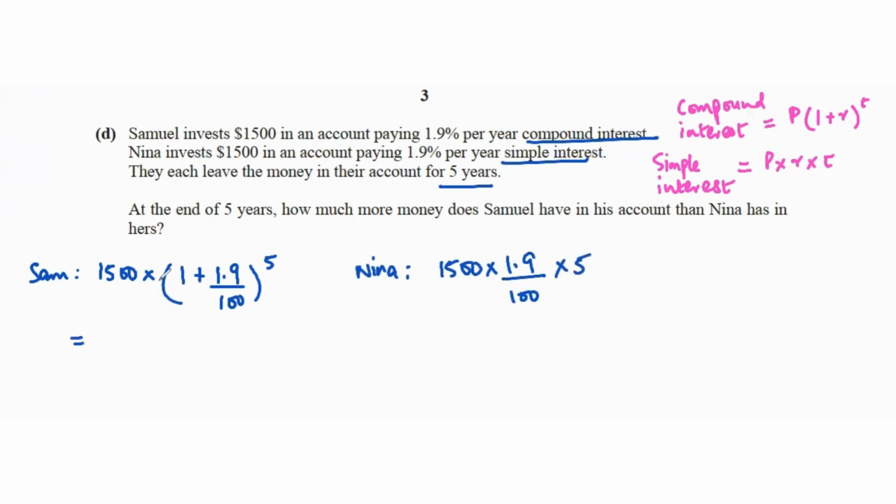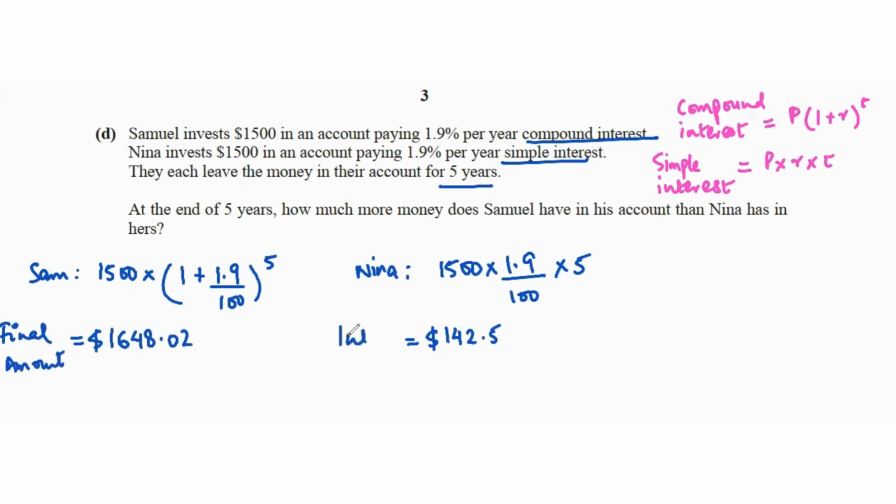So now the value of Samuel's investment is going to be 1,648.02. And for Nina, her interest amount is going to be 142.5. This is the final amount for Samuel.